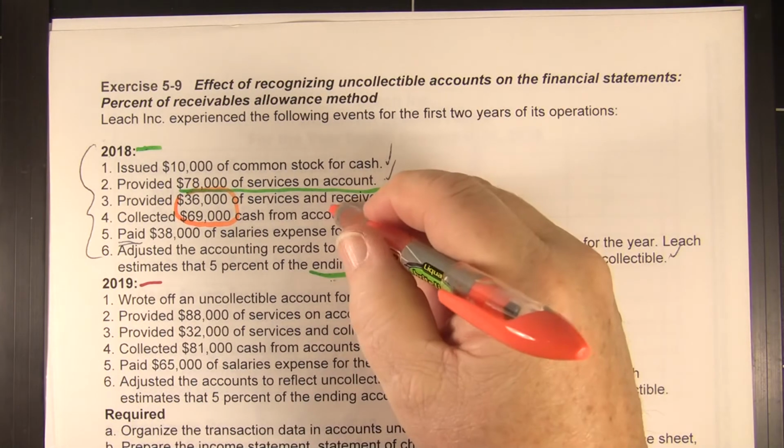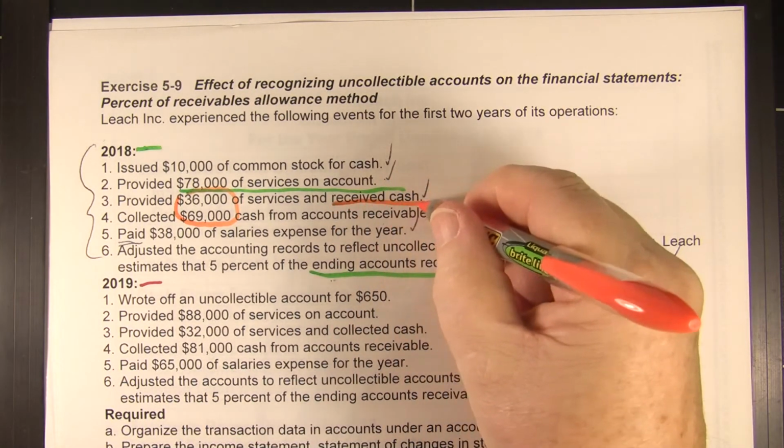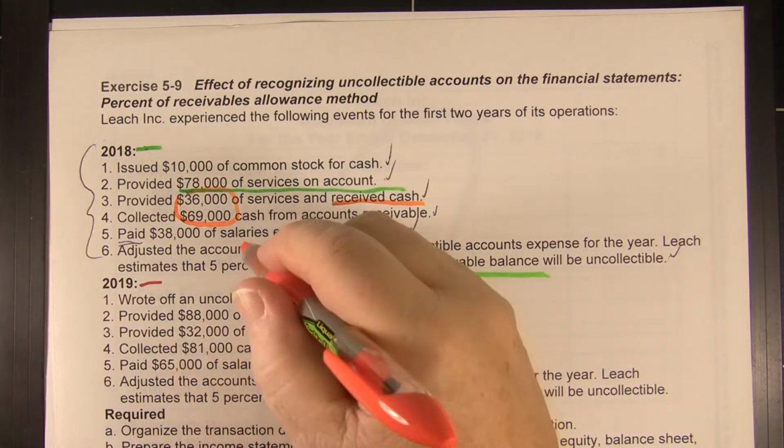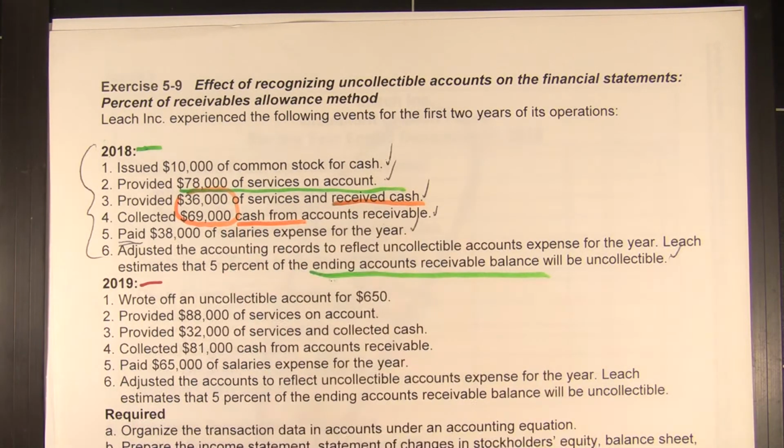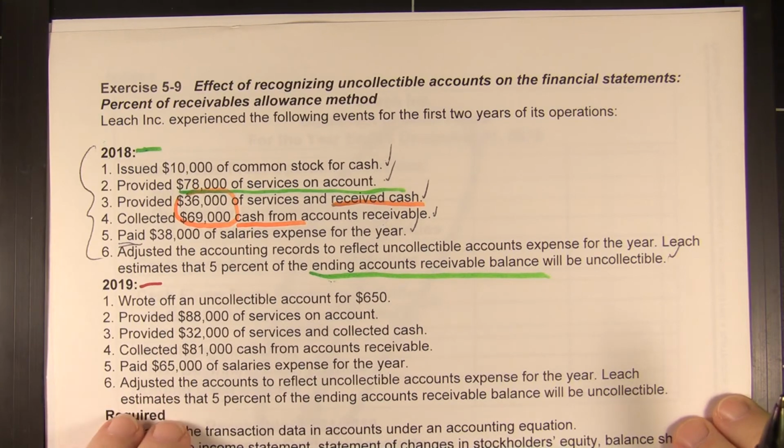Provided services, received cash, and collected cash from our accounts receivable. So 36 and 69, 105,000. That's the cash that we received.